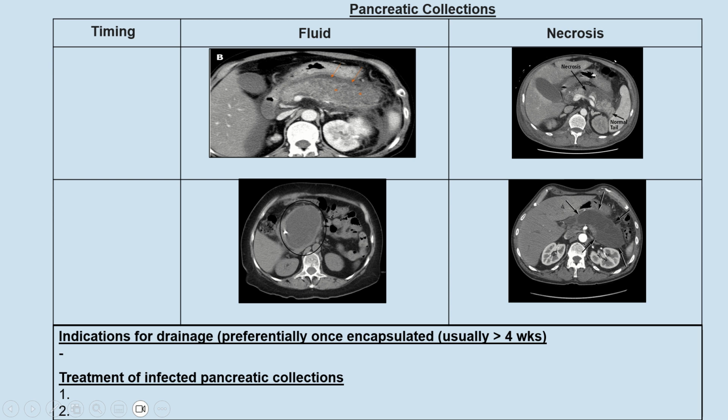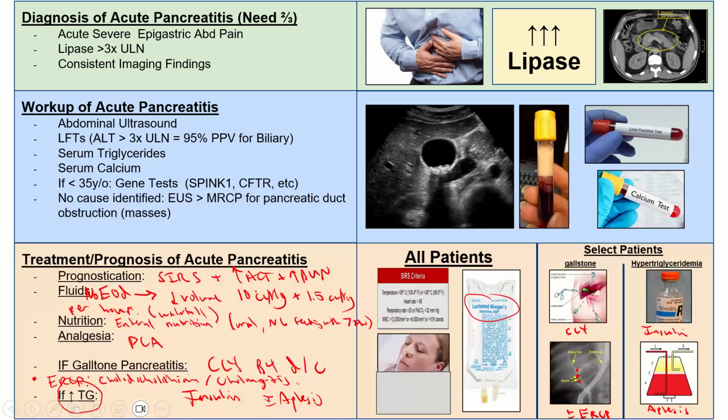As I was talking about earlier, they can get capillary leak, so they can have decreased intravascular fluids, which is why giving these patients fluids is so important, because not only can they get organ damage from inflammation, but they can also get organ damage secondary to ischemia, secondary to capillary leak and decreased intravascular fluid volume, which is why fluids are such an important component of treatment of acute pancreatitis.